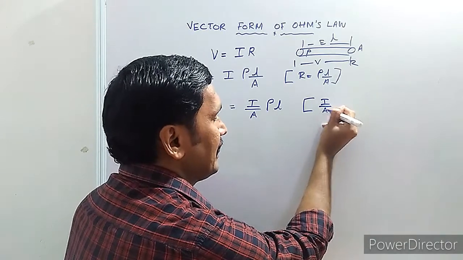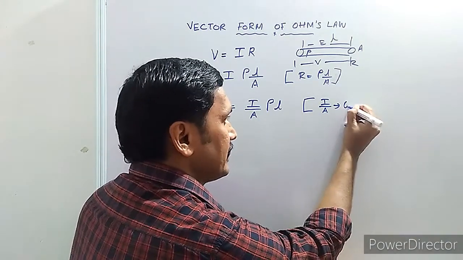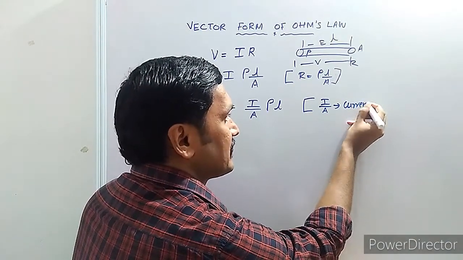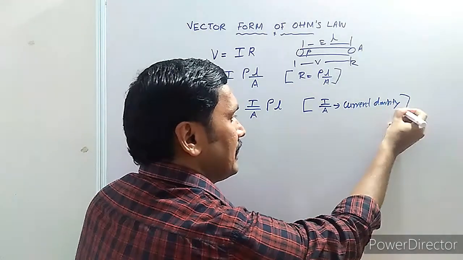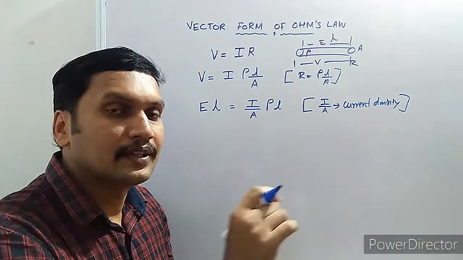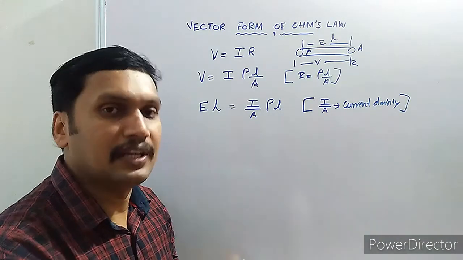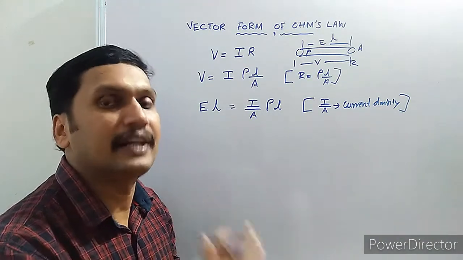The term I by A is a vector quantity and it is known as current density. Current flowing normally through a unit area cross section is known as current density.